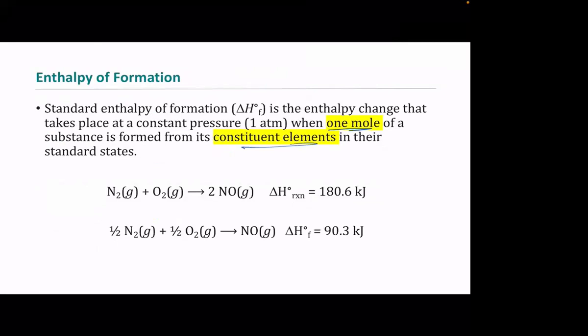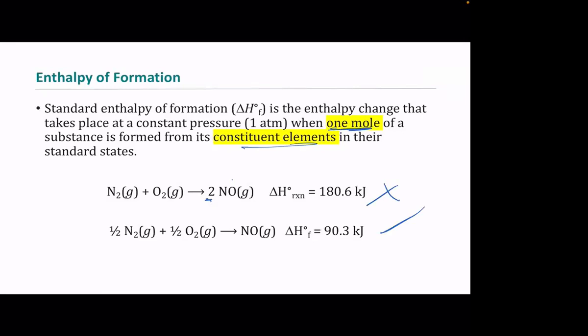So the enthalpy of formation, this is an enthalpy of formation reaction. This is not an enthalpy of formation reaction because this is forming 2 moles. Enthalpy of formations are always for 1 mole. Even though this has to meet both those criteria to be a formation reaction, it has to be forming 1 mole and from its elements.